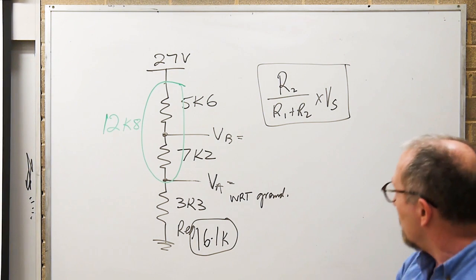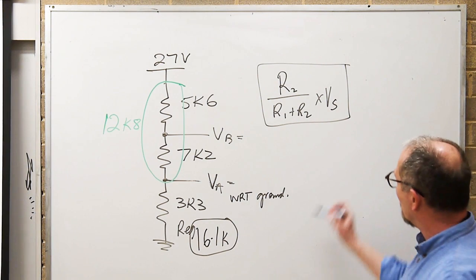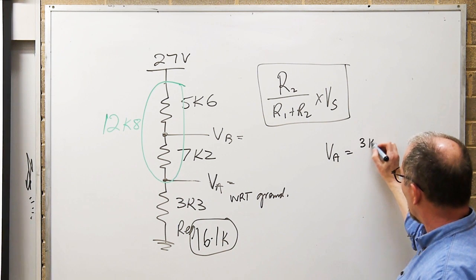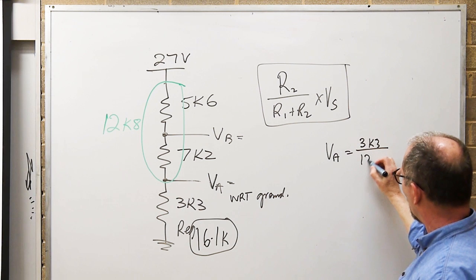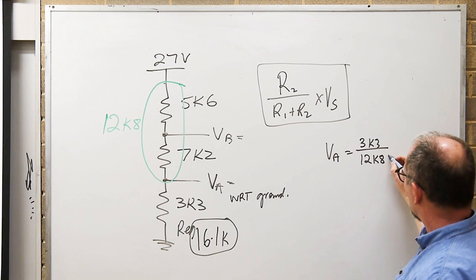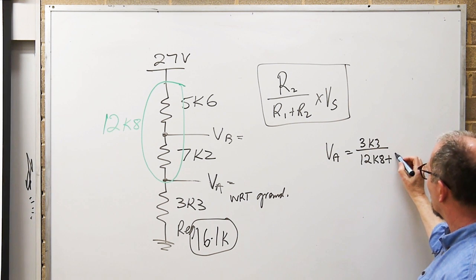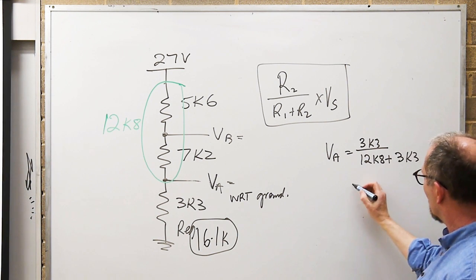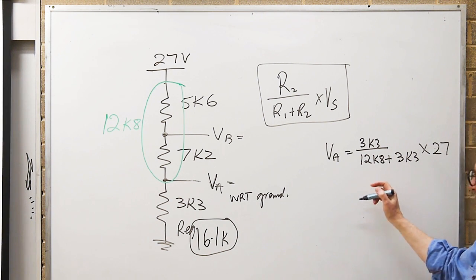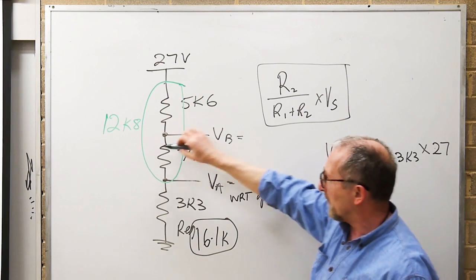So, can we plug these values in then? 3.3K. So this will be for VA, equal to 3K3 divided by 12K8 plus 3K3 times 27. So here when we look at the equation R1, R2, we've broken it down, but did we need to do that?